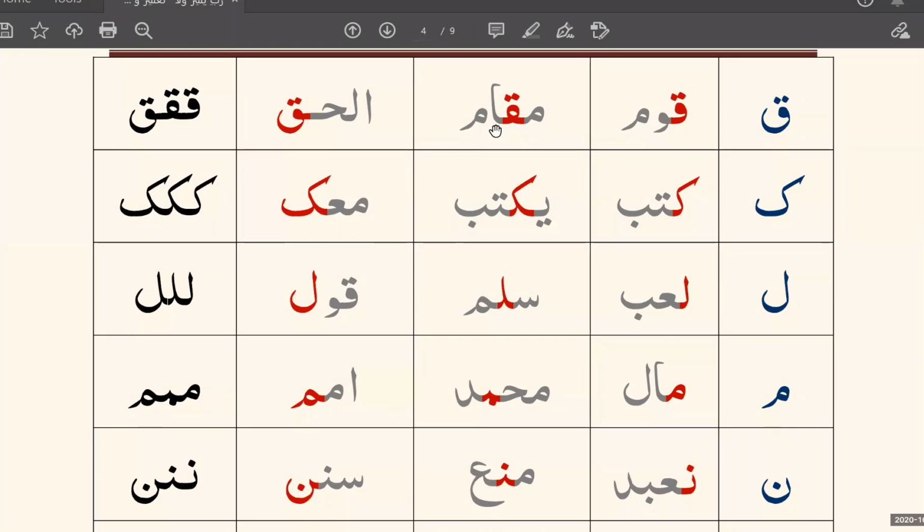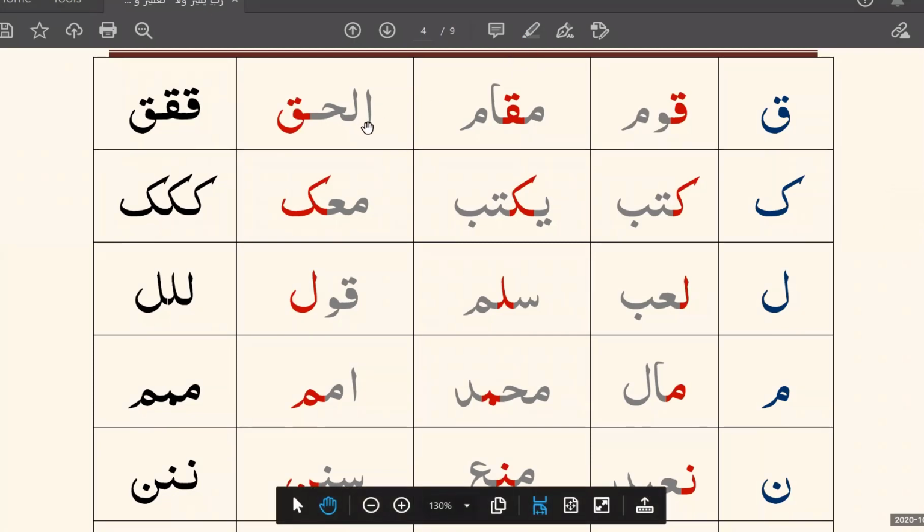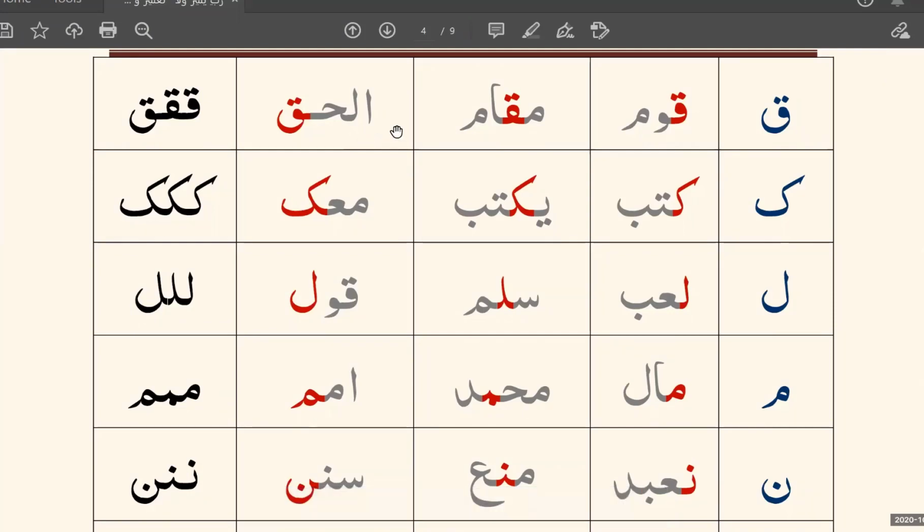This qaf, alif, and meme. Mim, Qaf, Alif, Mim, Alif. Ha, Qaf, Lam, Alif, Lam, Ha, Qaf. Okay, good. Next line.